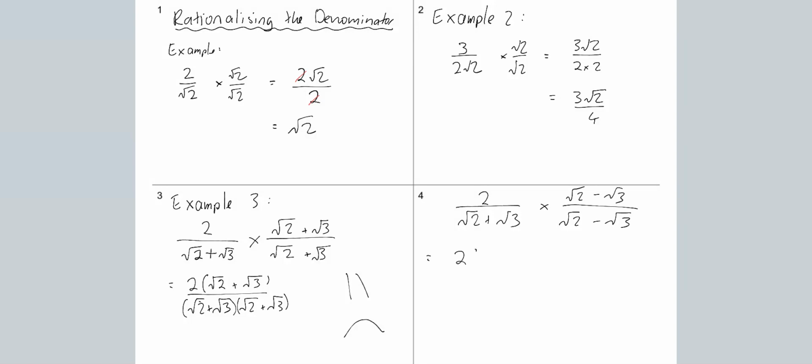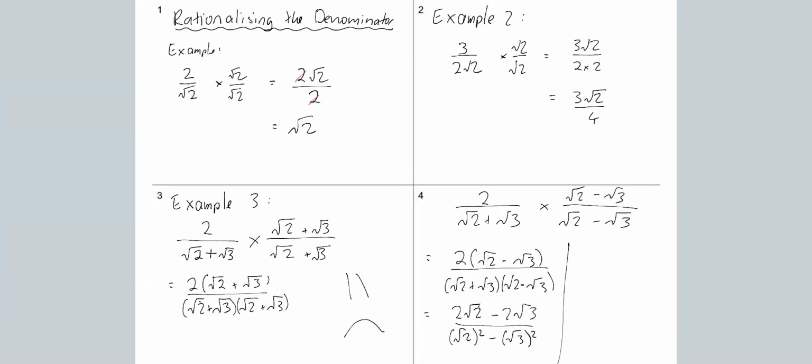Now this gives us 2 outside of root 2 minus root 3 on top, and it gives us root 2 plus root 3, root 2 minus root 3 on bottom, and the bottom there is a difference of 2 squares. So on the top, I'll have 2 root 2 minus 2 root 3, and on the bottom, I'll have root 2 squared minus root 3 squared. Difference of 2 squares. And just to keep it on the one screen, I'll just put it over here.